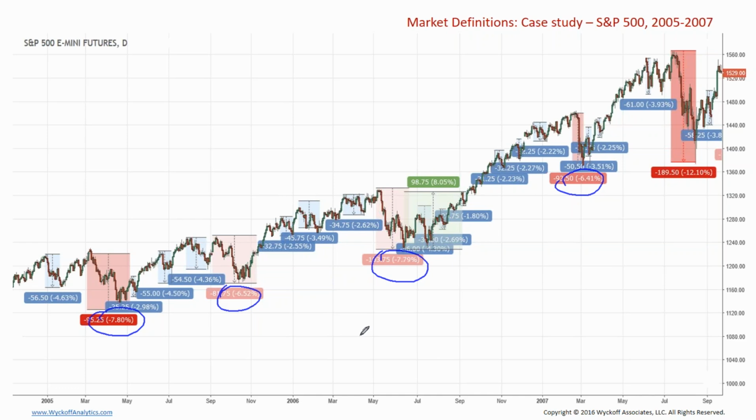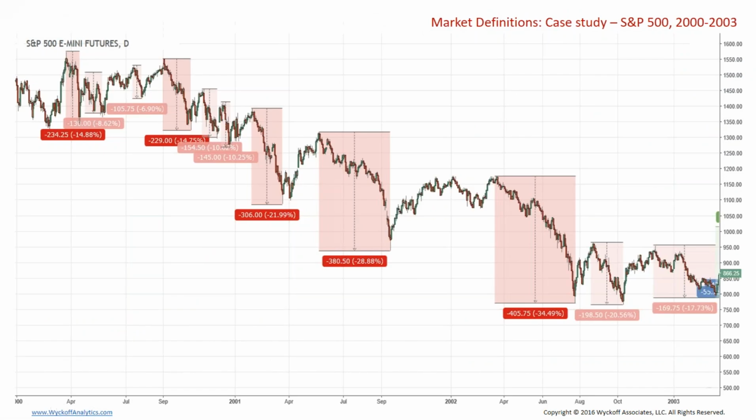We've never seen anything like what we saw at the beginning of the bear market, where the reactions are, look at these reactions, minus 15, 8, 7, 15, 10, 10, 21, 28, 34.